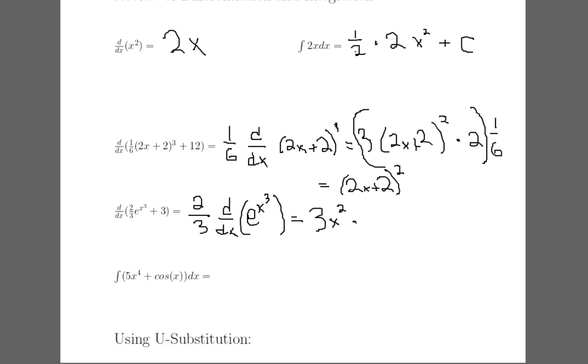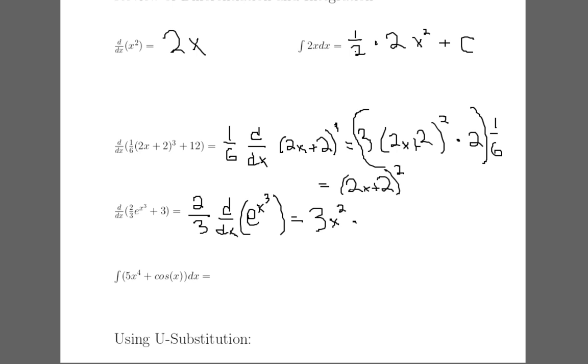I'll go ahead and put a little equals in there. So 3x squared times e to, I guess it would be that whole function that we're interested in, x to the third. And knowing our differentiation rules, the derivative of e to the x is just e to the x.